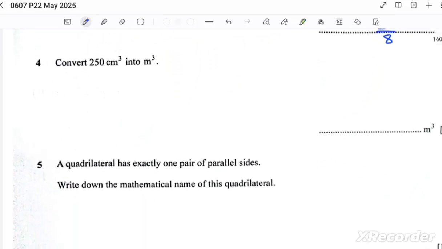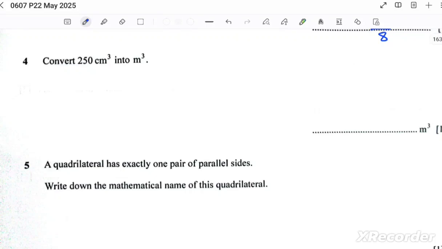Next question is to convert 250 centimeters cubed into meters cubed. As you know, from centimeters to meters, you divide by 100.